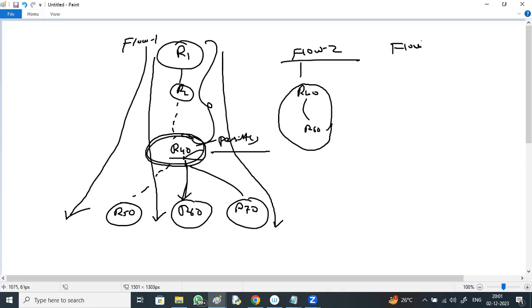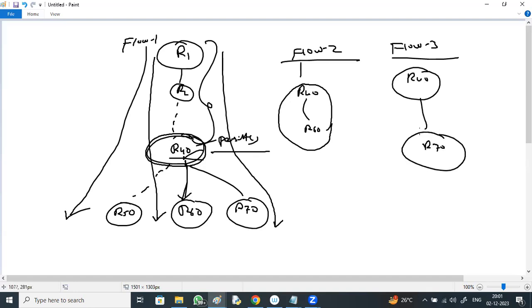In flow 3 also, R40 is available in the RAM to give the output to R70. That means 40 steps are reduced in flow 2 and in flow 3. The output of flow 1's transformations is reused by the other flows.